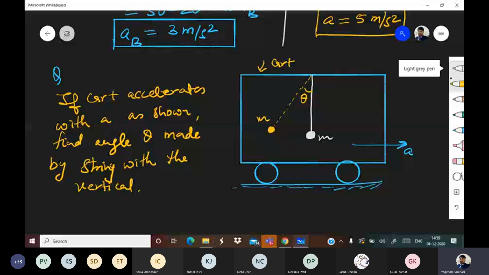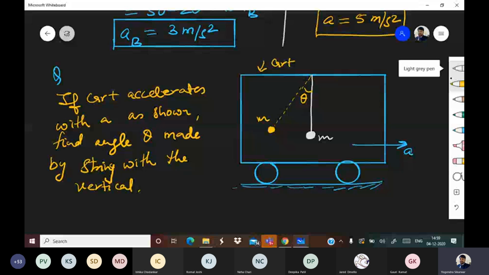So I am studying the motion with respect to cart. Why? Because we have learned pseudo force.